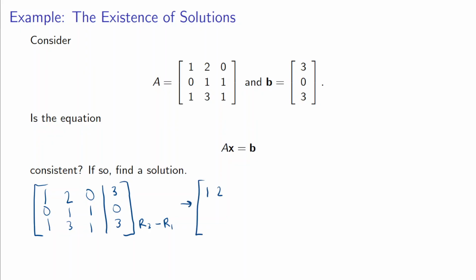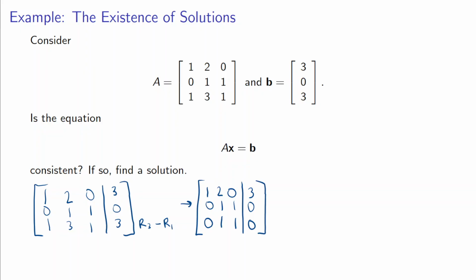Our first two rows will remain unchanged, 0, 1, 1, 0. And then our third row becomes 1 minus 1 is 0, 3 minus 2 is 1, 1 minus 0 is 1, 3 minus 3 is 0.